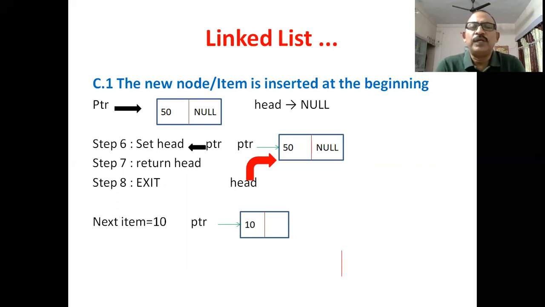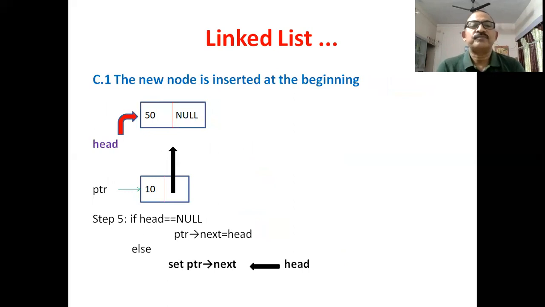This means we allocate space for a node and PTR points to that node. Next step, we store 10 in PTR data. Is it clear? If a linked list contains only a single item, then head points to that node. Now we have created a node, and PTR is pointing to that node.